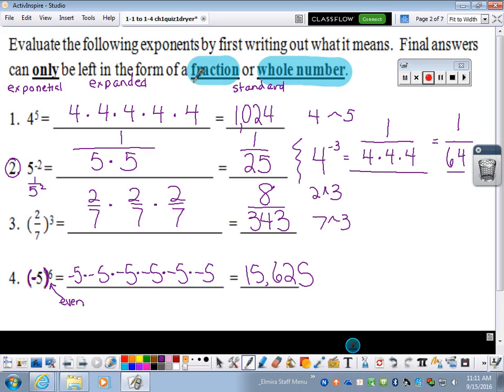We can only answer fractions and whole numbers. So I can't put a decimal answer here. Likewise, if your calculator were to give you a decimal for this answer, 8/343, you're not allowed to get full credit for answering with that answer. You have to put the fraction answer.